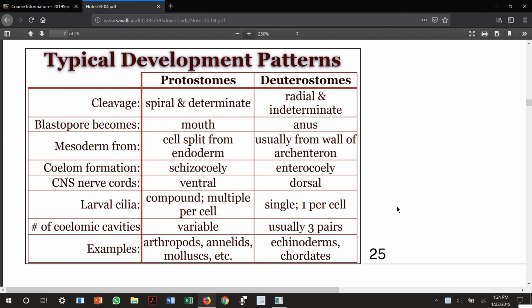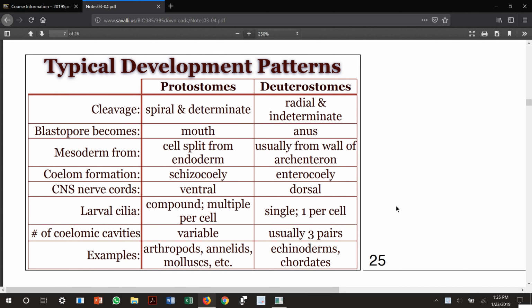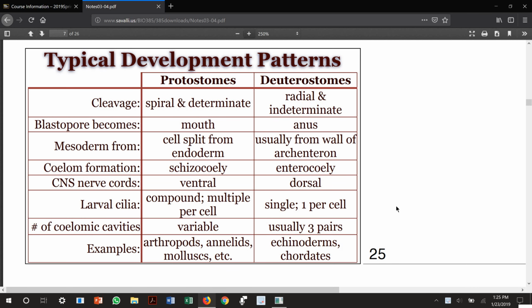But a few various things, mostly more obscure groups, tend to be exceptions. But typical protostomes tend to have spiral and determinate cleavage. The blastopore forms a mouth, that's what the name protostome means. The mesoderm for animals that have that kind of development tends to split from the endoderm, that is, a cell separates from the endoderm, and the coelom is formed via schizocoely. These two generally go together.